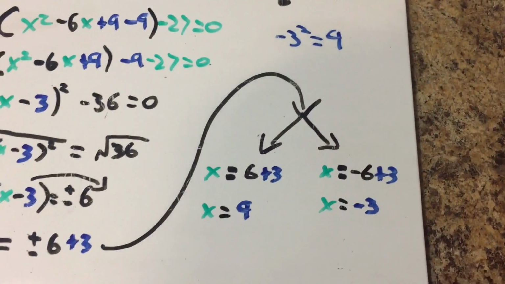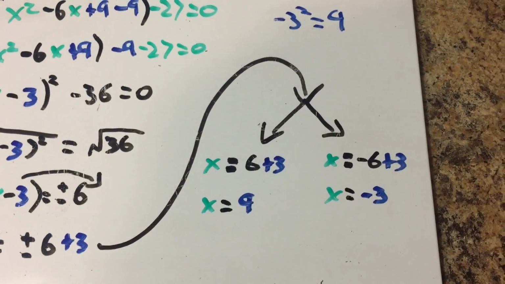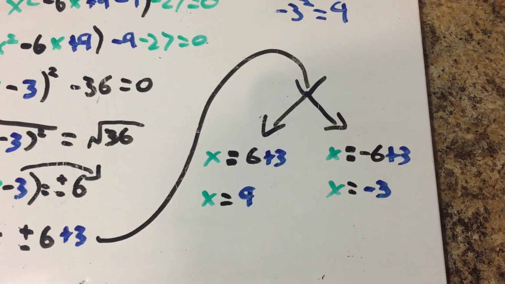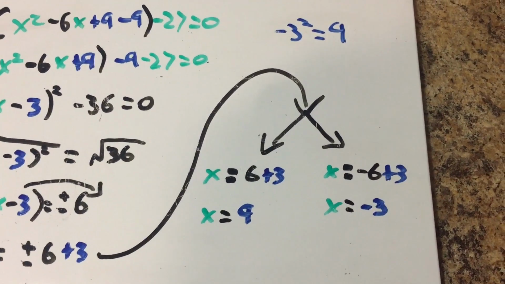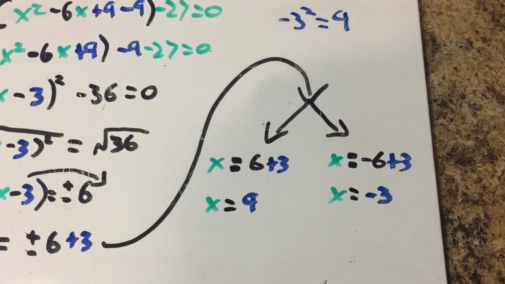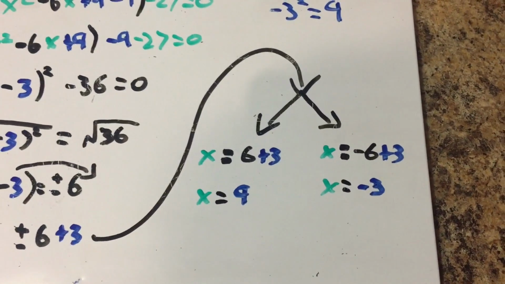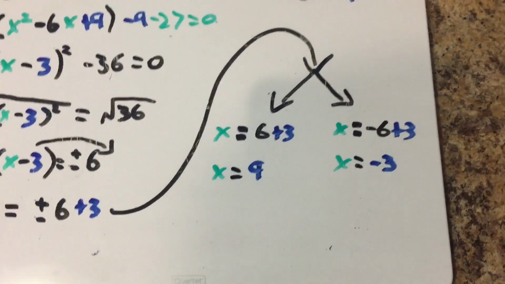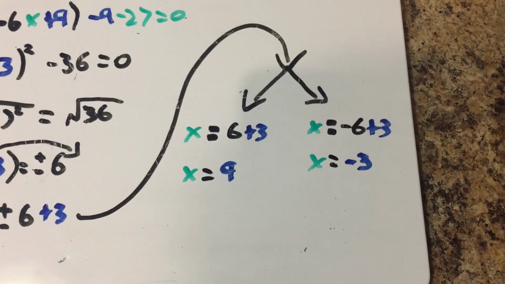Now you solve both sides with the plus and the minus. So x equals 6 plus 3 and x equals negative 6 plus 3. 6 plus 3 gives you 9, so x equals 9. And negative 6 plus 3 gives you negative 3, so x equals negative 3. So your roots and your x-intercepts are 9 and negative 3.